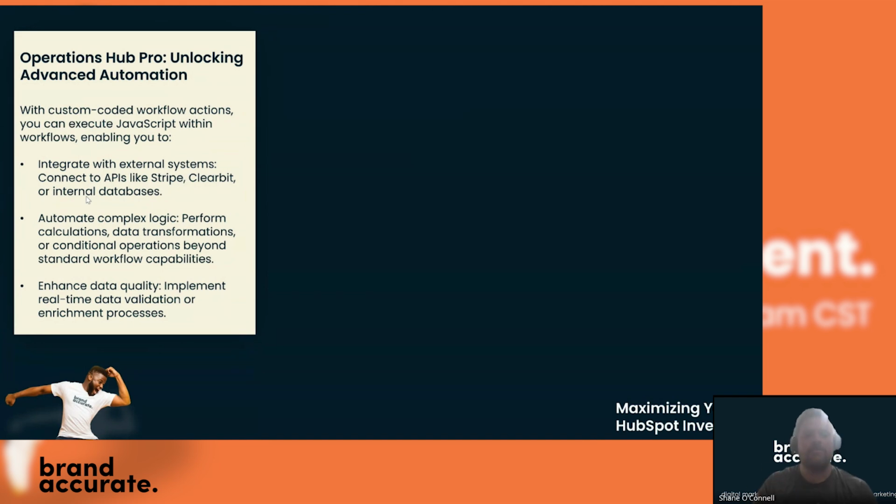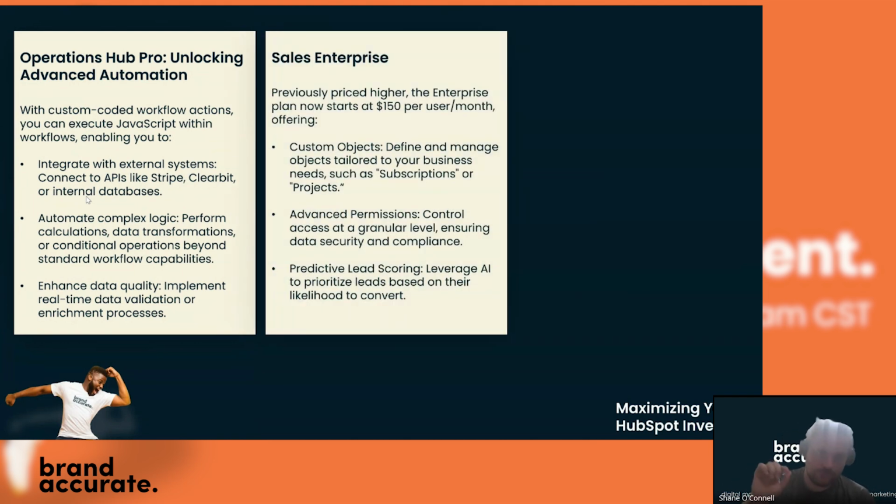So if you already are familiar with workflows, Operations Hub Pro allows you to build out actual custom code, JavaScript inside of your workflows to do more and get more out of the HubSpot tool. So it's something to consider. The price point is a little high, but at the same time, what you're getting is definitely worth it.